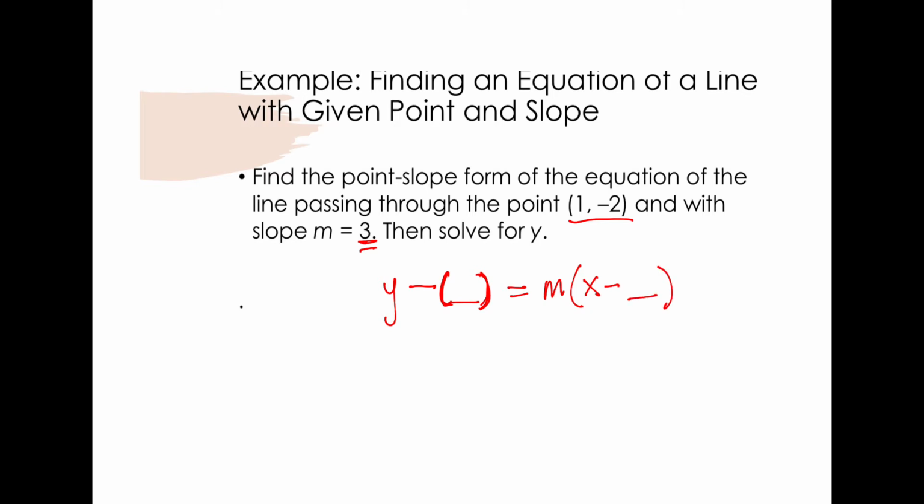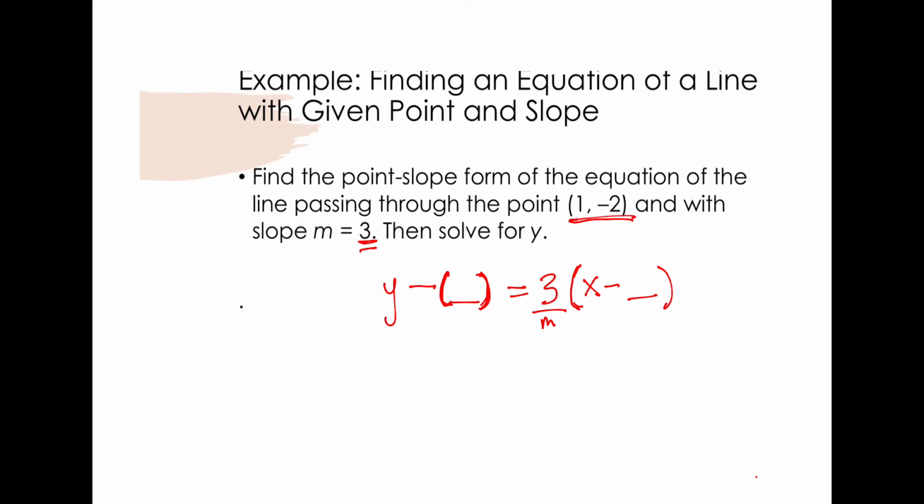And actually, I'm going to get rid of that m there, because we're just going to put whatever our slope is there. Okay, so the slope is 3. That's my m, so I'm going to put that right here.